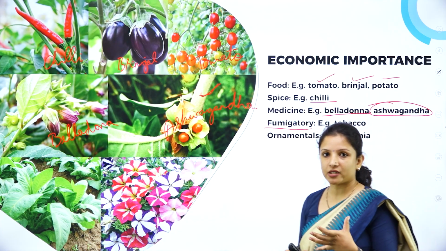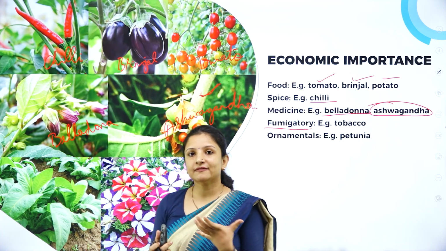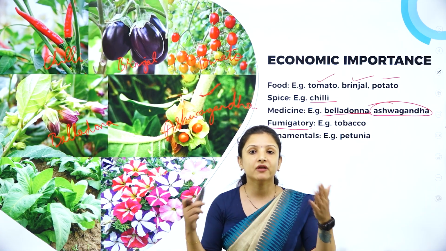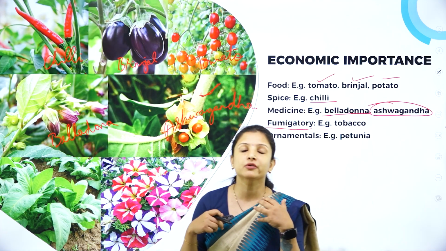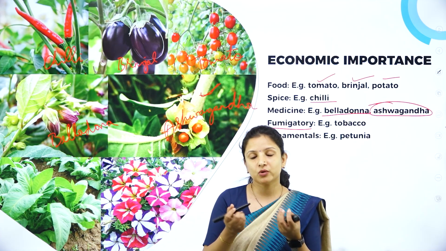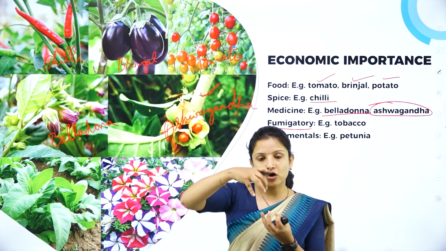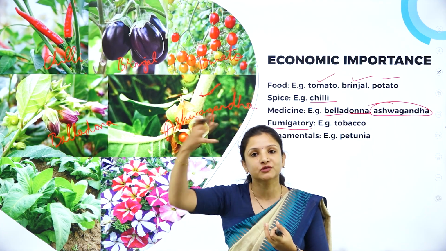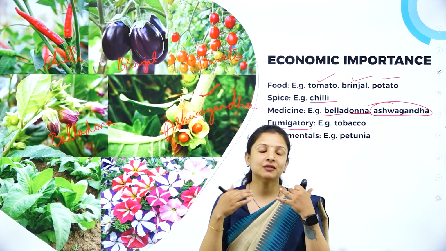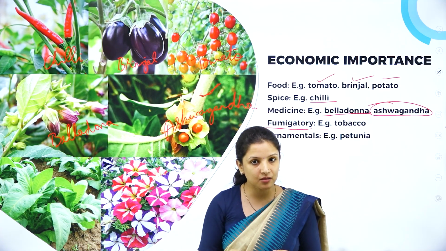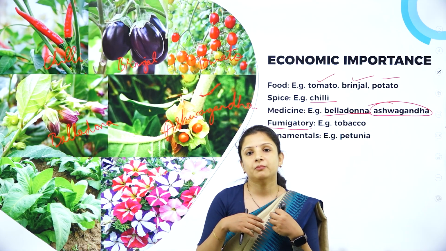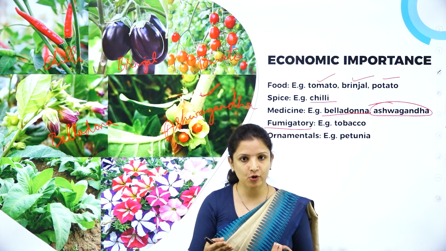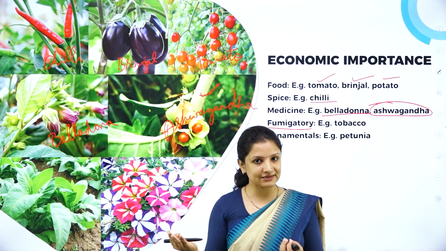Then there is something that is used as a fumigatory. What is fumigation? You might have seen in the olden days, the traditional method of driving away mosquitoes. Your mother would have put some dhoop and held it around the house, wherein the smoke or fumes come out of it, and that has some antiseptic and antibacterial properties, and some repellent properties wherein it can repel mosquitoes, insects and all that.